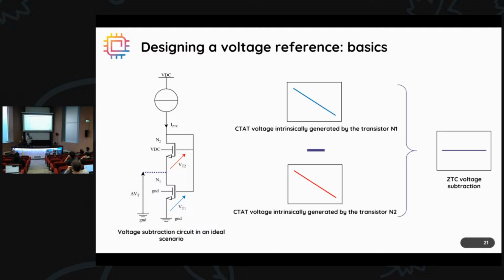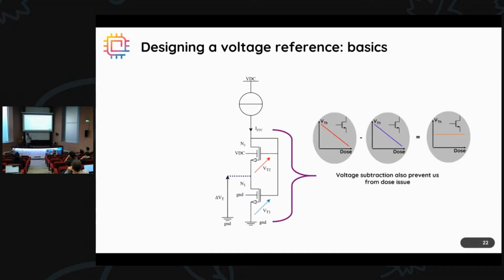So with the two decreasing threshold voltages against temperature, we can create a zero temperature coefficient voltage reference. And actually, this is exactly the same thing we are doing for the dose, as it is just the example I explained before.